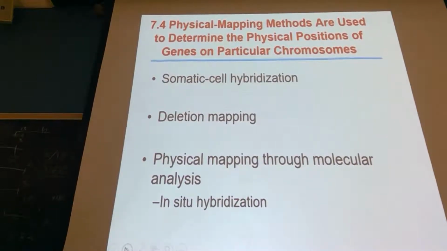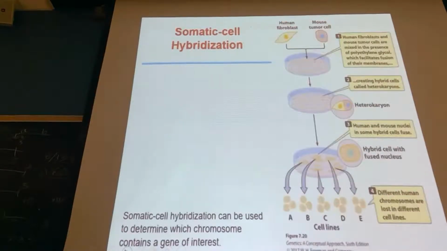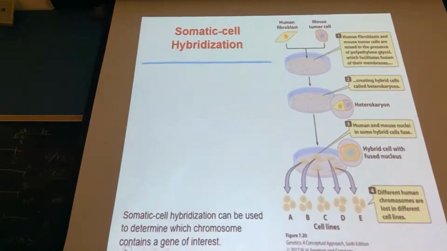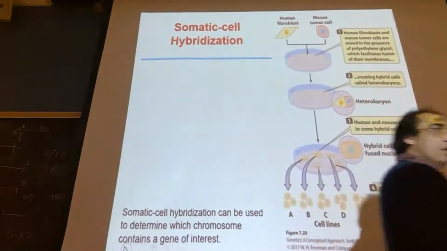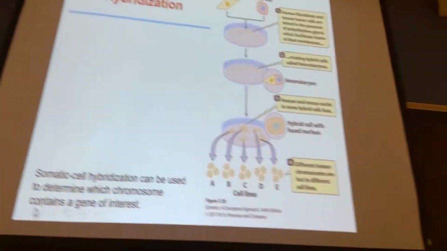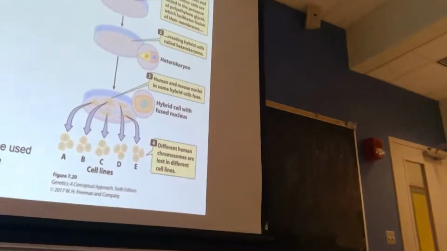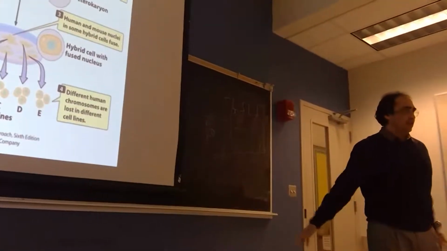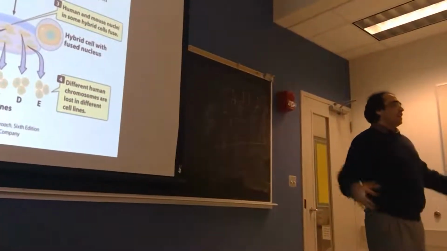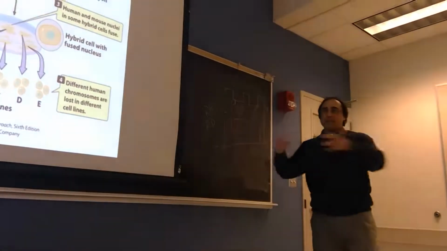Another thing is called somatic cell hybridization. What is somatic cell hybridization? This is another critical process. We can take a mouse cell and a human cell and fuse the cells. When we fuse these two cells, we are actually creating a Frankenstein.